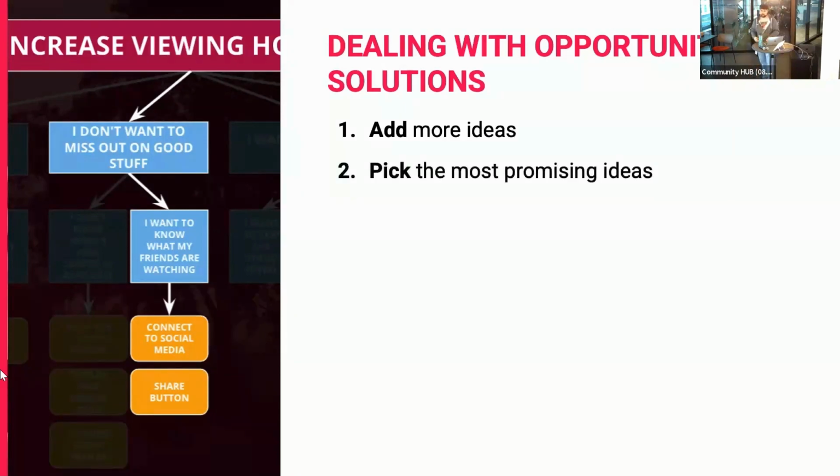Then you must pick the most promising ideas. No science yet here, just, I think. And you can use something that is still very wobbly, which is, okay, I believe this impact and I believe this difficulty to make, and so I make a matrix out of this.